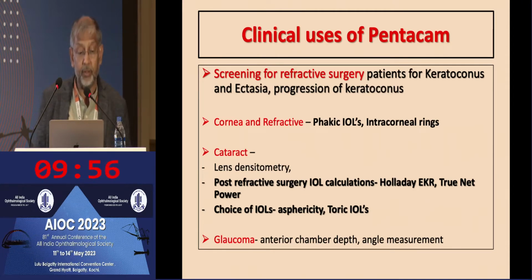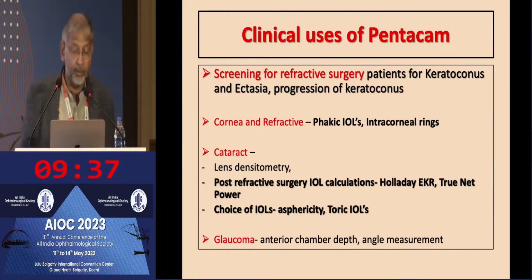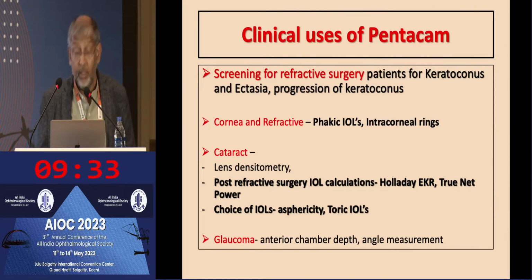Especially in post-refractive surgery IOL power calculation, we have the True Net Power as well as Holladay equivalent K readings on Pentacam, which can be used to arrive at a good IOL power in such cases. It also helps to choose aspheric IOLs and toric IOLs, because it gives a wavefront based cylinder, whose axis is quite accurate.